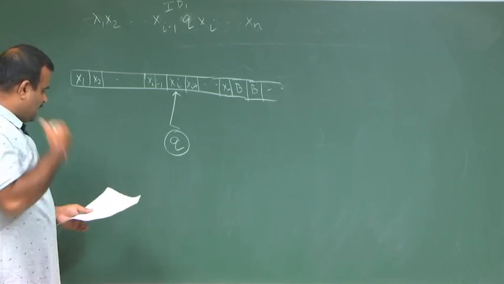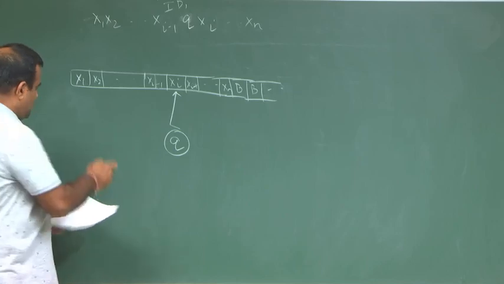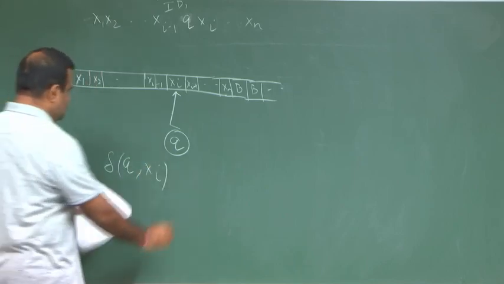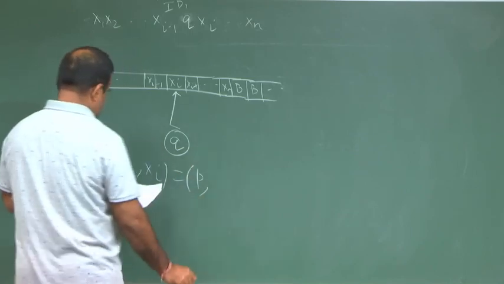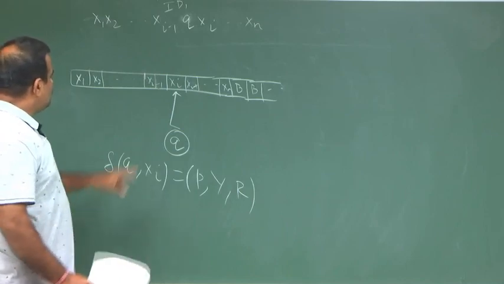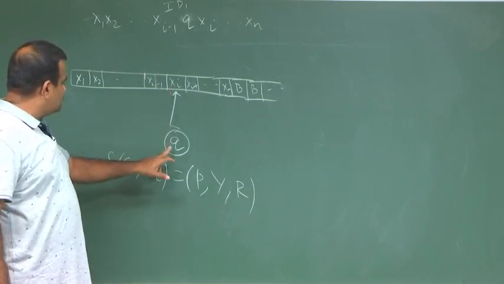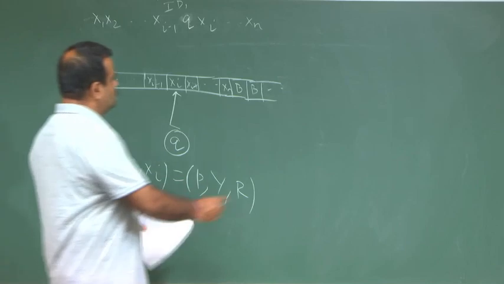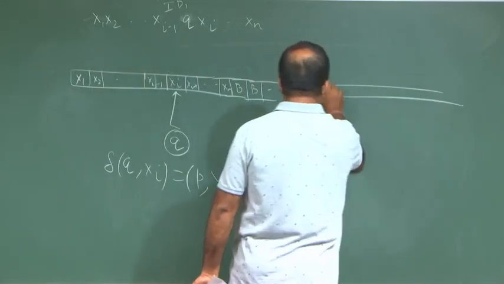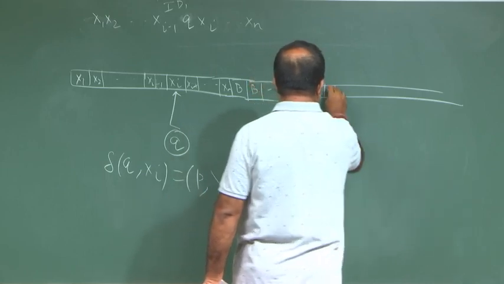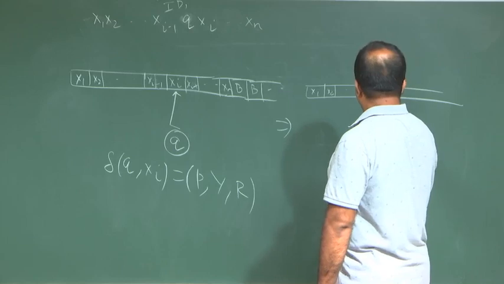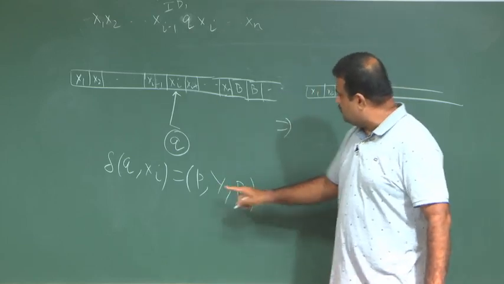Now, if we have a move like this, if delta of q comma x I is say p, y, r, that means we are reading this x I, we are at state q, and the state will change to p. So, we have x 1, x 2, everything is fine, x I minus 1, only this x I will be replaced by y.